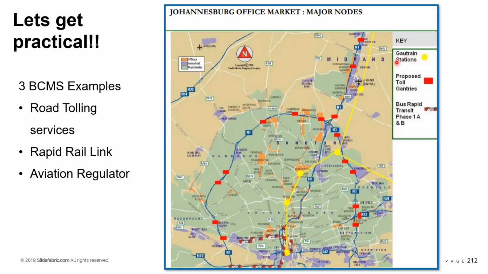So if you're looking at that whole space, the question is, the e-tolling company, is it an IT company, or is it a toll gathering company? That's a good question. The Gautrain, is it a train building, etc. company, or is it a collector of transport money for the Department of Transport?